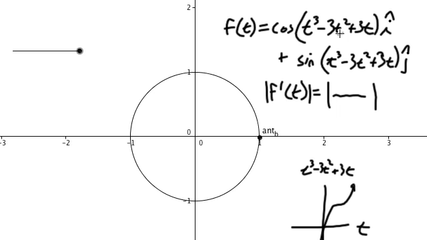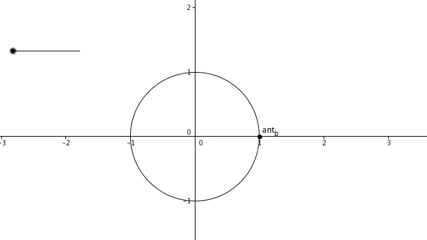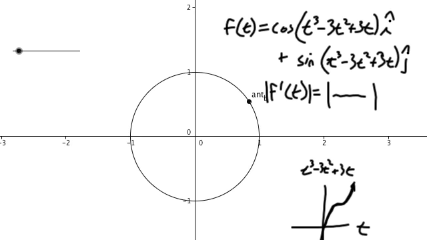So you could almost see that as the point goes around, it goes pretty fast at the beginning, and then it slowed down and stopped for a second, and then it sped up again. So let's watch it again and see if we can match what's happening to t with how it goes around the unit circle. So here's that, and I'm going to animate it again. So it goes up, it slows down and stops, and then it starts to pick up speed again and goes faster and faster and faster.